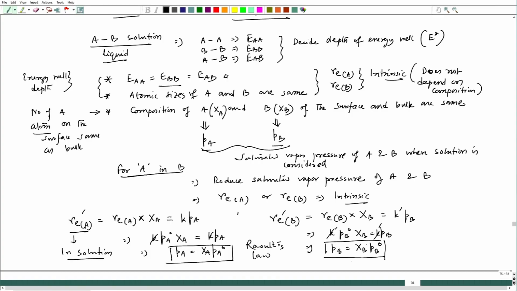Okay. So, this simple relation can be used in order to find out del G mix in case of a condensed solution also. Interestingly, you see that we are actually trying to take the vapor phase equilibrium to deal with the condensed solution. Okay.